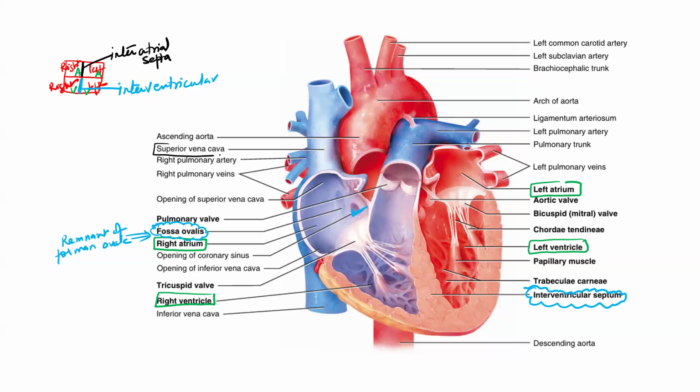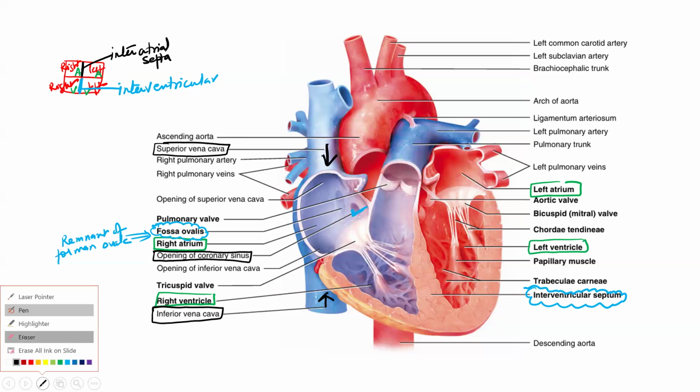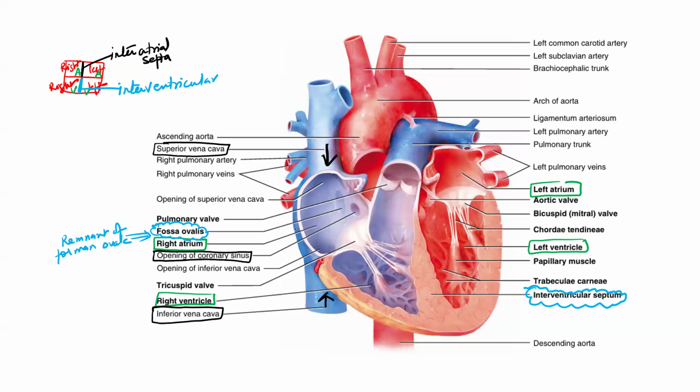One is the superior vena cava, one is the inferior vena cava, and the third is the coronary sinus. So the right atrium receives deoxygenated blood from 3 areas: the superior vena cava, the inferior vena cava, and the opening of the coronary sinus. Clear?